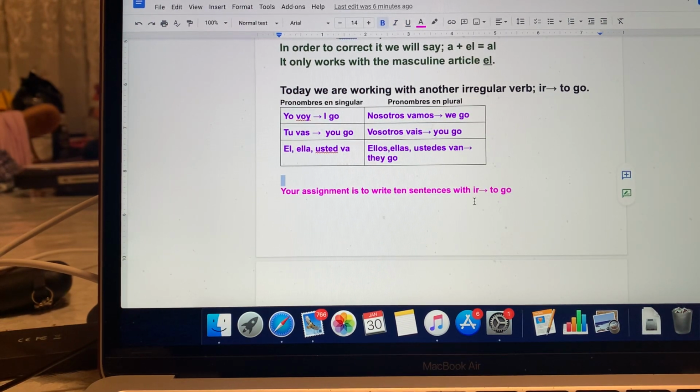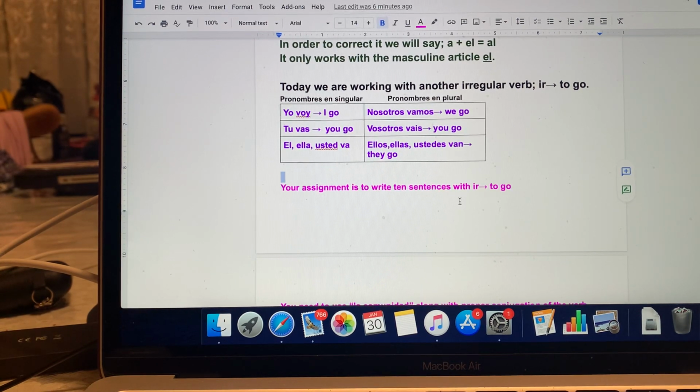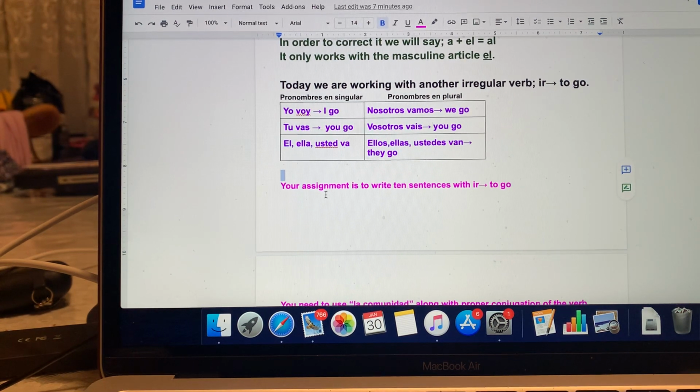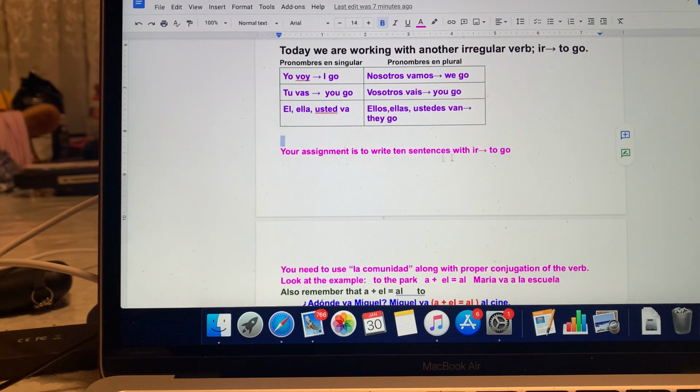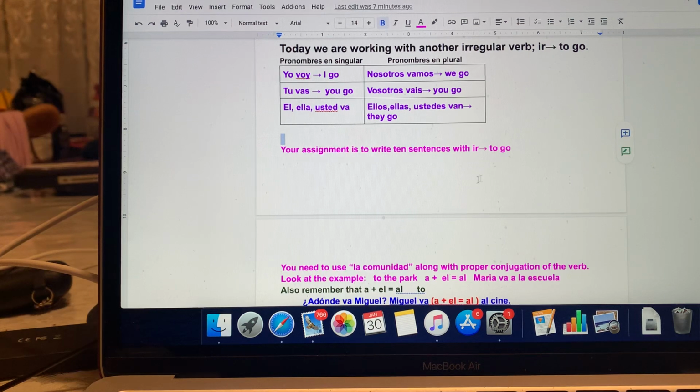Now, since I'm not there with you, I'm going to try to help you. We're going to start forming complete sentences. You know that I don't go for one word answers. Therefore, we need to learn how to speak in full sentences as well as writing. So this is an assignment of writing 10 sentences using the verb to go. But also we are adding places in the community, I believe.